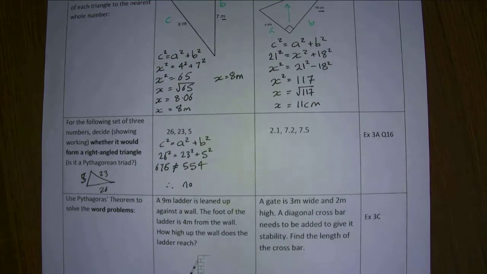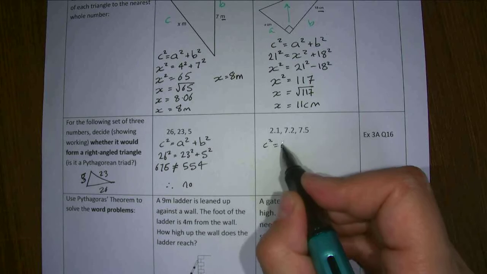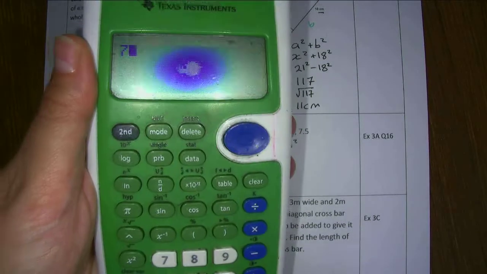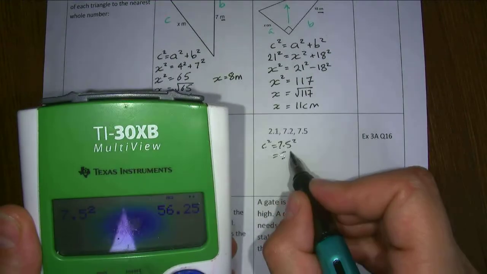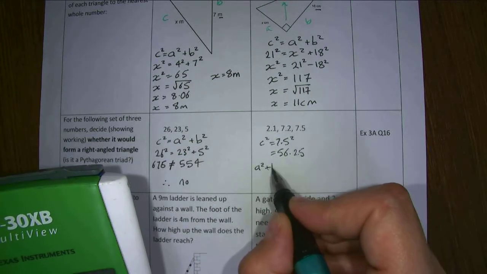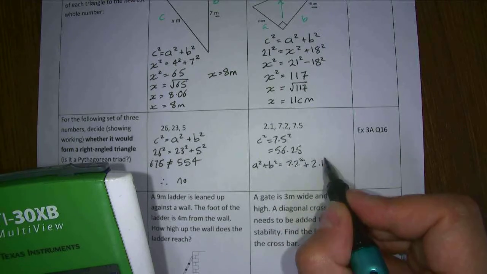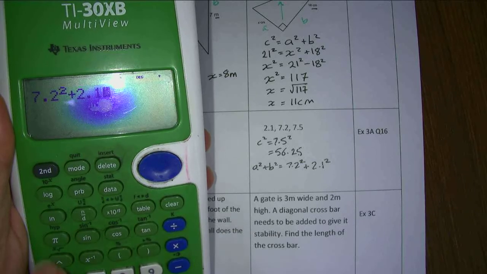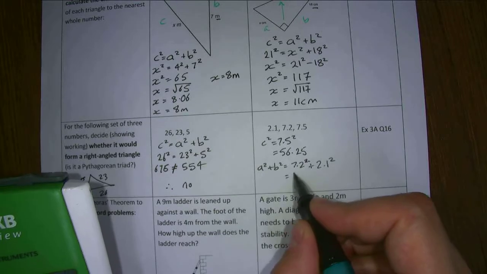The other way you can do it is work out c squared and a squared plus b squared separately. Longest side, so I've got c squared, then I work out a squared plus b squared. 6.25.